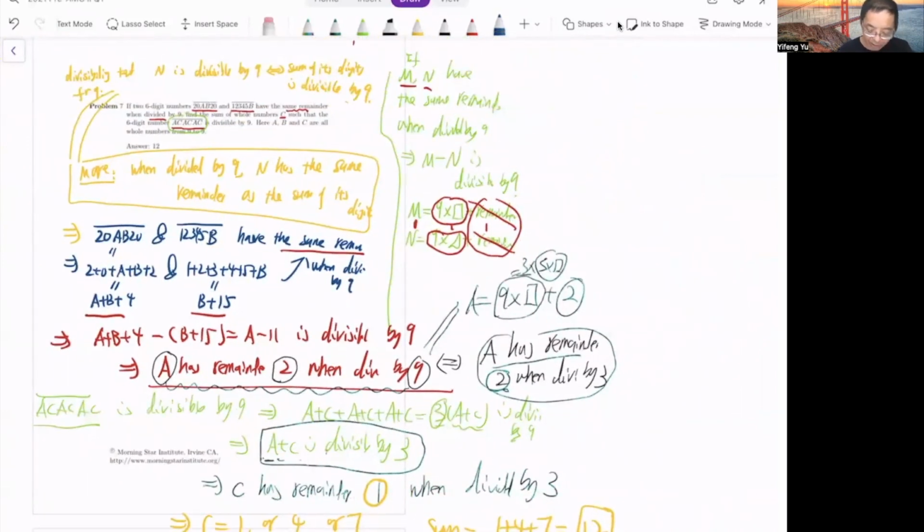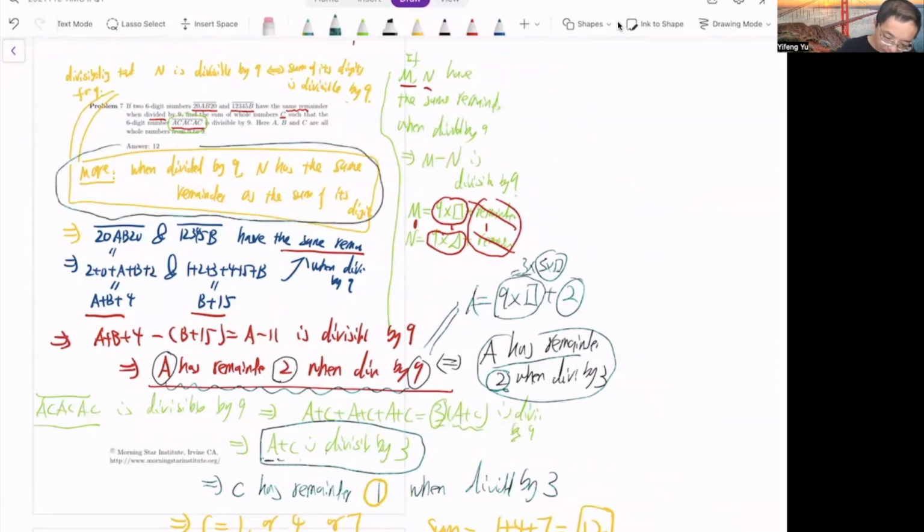All right. For this problem, let's quickly review the solution. The main thing we use is the divisibility test for 9. It says a number is divisible by 9 if and only if the sum of digits is divisible by 9. But we also use a more general version.